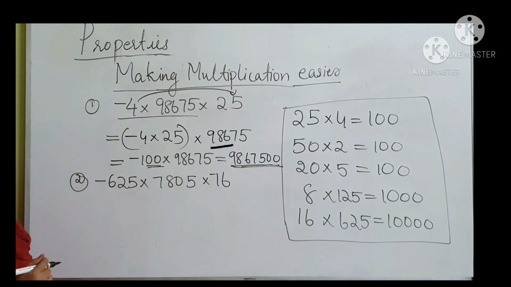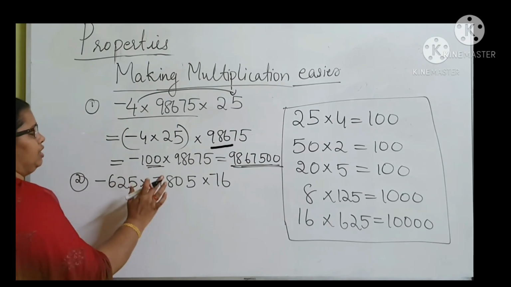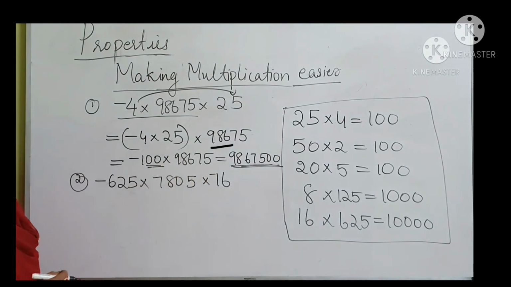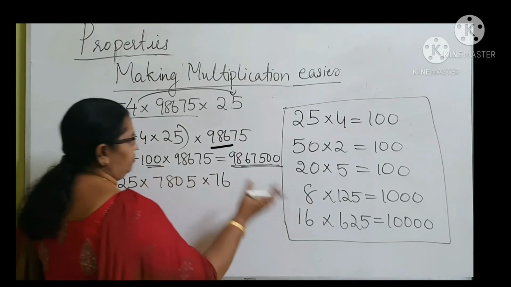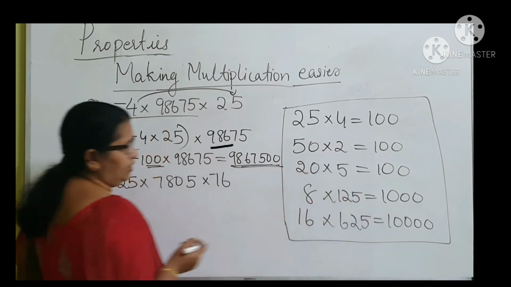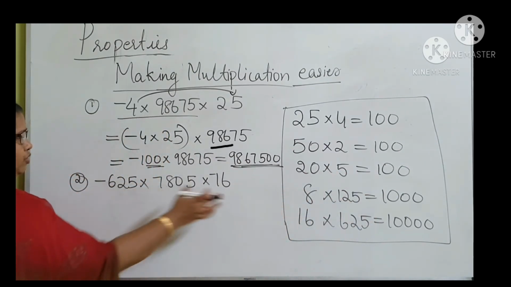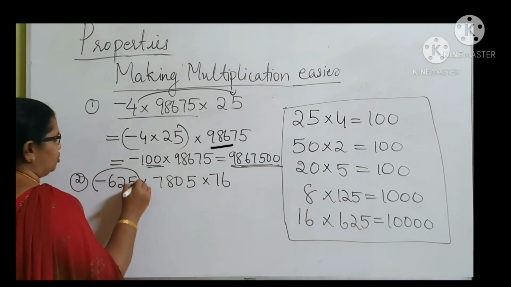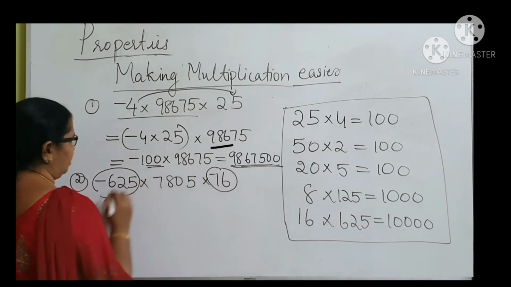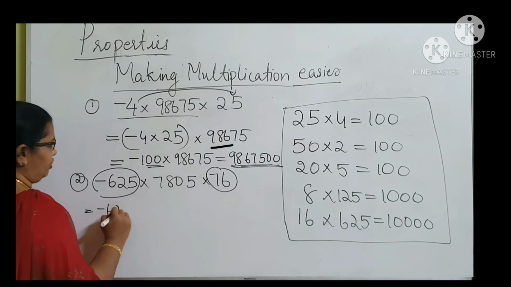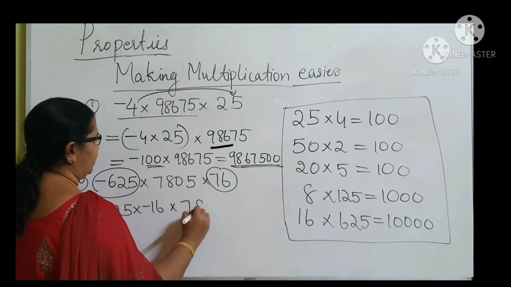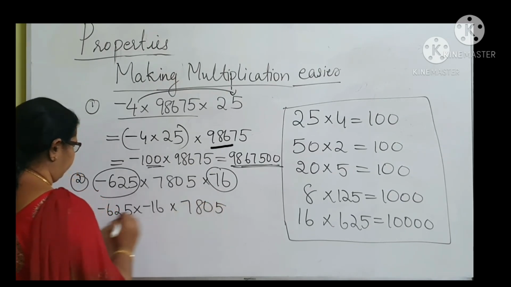Next, 625 into 7,805 into negative 16. Here also we know 16 into 625 is 10,000. That is why I told you to learn by heart all those relations. Then combine these two: negative 625 into negative 16 into 7,805.